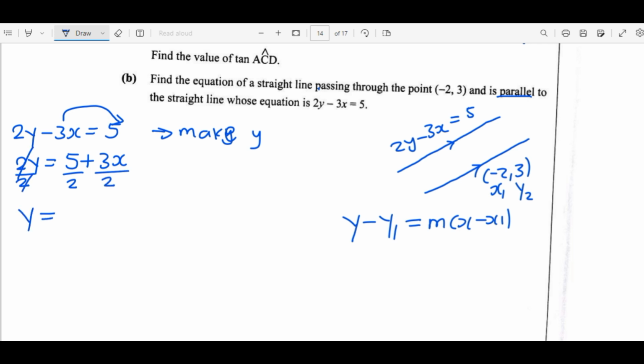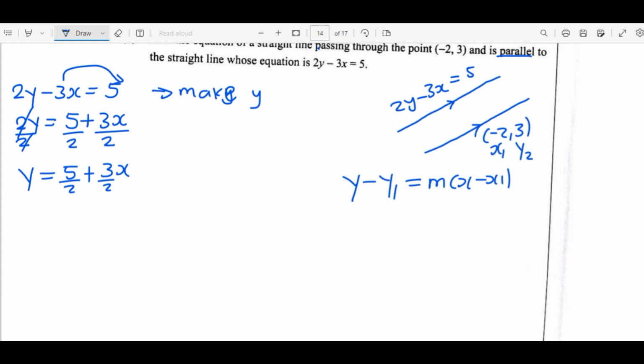Then y is equal to 5 over 2 plus 3 over 2x. After we are done making y the subject, where there is y, we put m, the symbol for gradient. Now the value of the gradient, whenever y is the subject, is the coefficient of x. Any number, including the sign, represents the gradient. So from there, our gradient is 3 over 2. So this is the gradient for this line, 3 over 2.